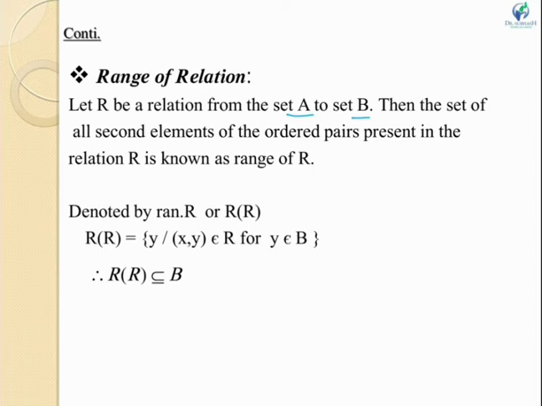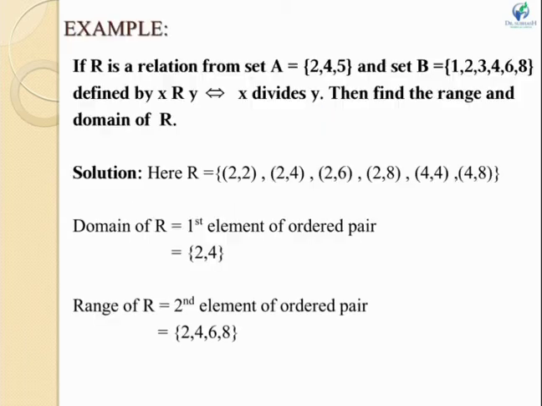It is denoted by Ran R or simply R(R), where R(R) equals {y : (x,y) belongs to R for y belongs to set B}. Therefore, we can say that range of R is a subset of B. Here, what we need to remember is that from the set of ordered pairs, the set of second elements of all the ordered pairs is called the range of relation.